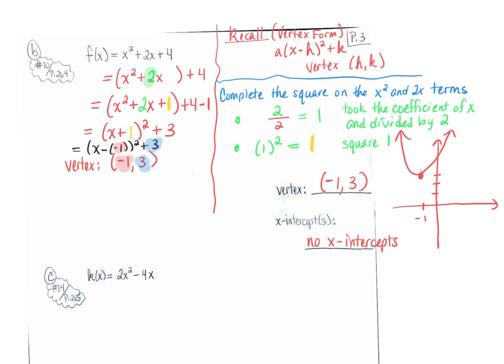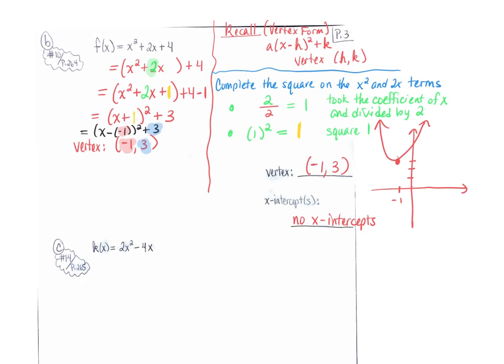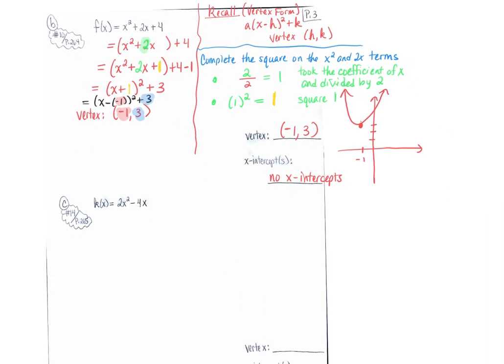Now let's look at another one. We have k of x equals 2x squared minus 4x. Is this already in vertex form? No, it's not.